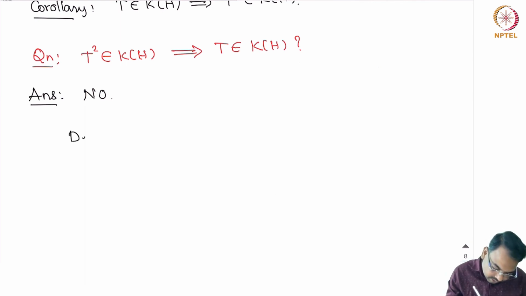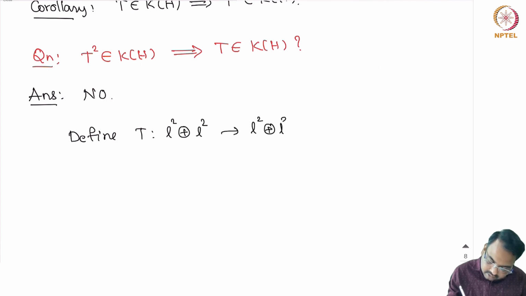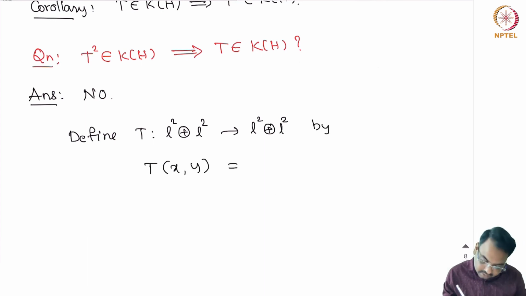Okay, so let us look at the following example. Define T from L2 direct sum L2 into itself by T of (x, y) as (y, 0) for every (x, y) in L2 direct sum L2.